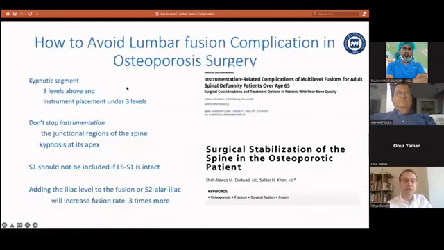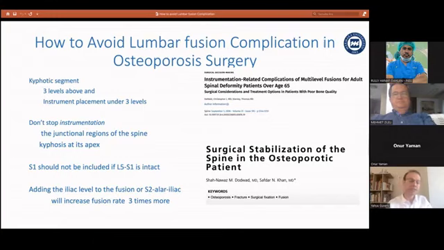Another issue is how to avoid lumbar fusion complications in osteoporosis surgery. For example, we avoid using instrumentation in osteoporosis patients. If osteoporotic patients come to us, we try to use minimally invasive techniques, for example, kyphoplasty or vertebroplasty.